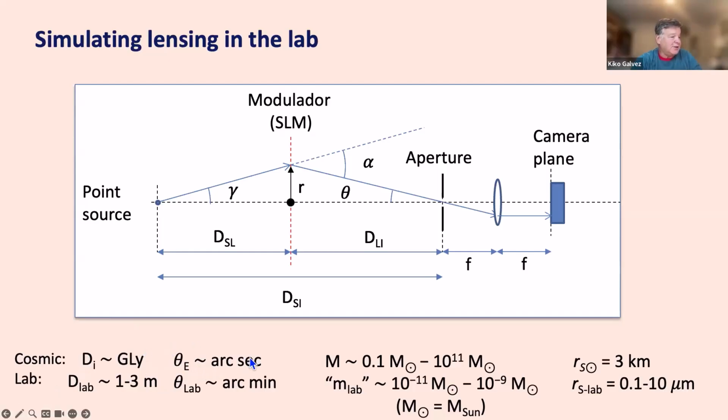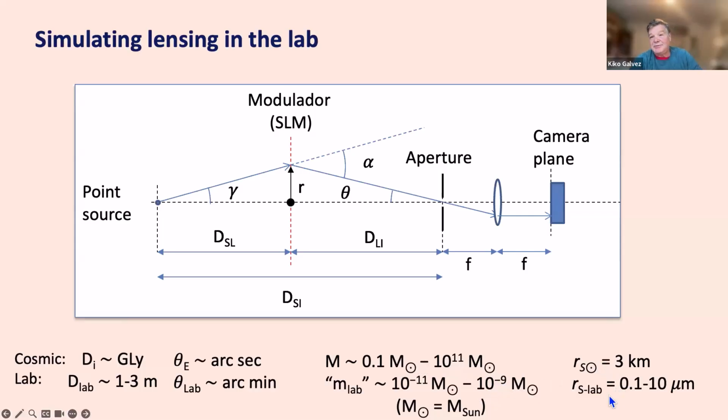So then, instead of measuring lensing effects that are of the order of arc seconds, for us it is of the order of arc minutes. The masses are of the order of the mass of the sun or much greater, but in the lab, it is of course much smaller.